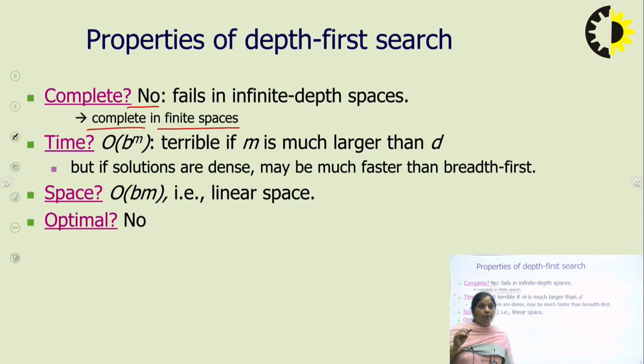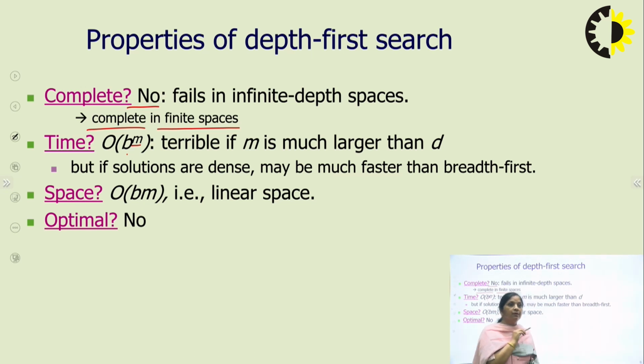When we go depth wise, we explore level 1, then level 2, then level 3, and what is the maximum depth it can have? That is M. So the maximum time it will consume is order of B to the power M, while for breadth first search it was order of B to the power D plus 1.